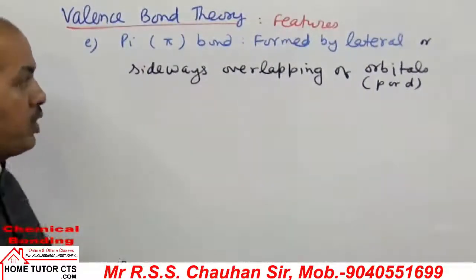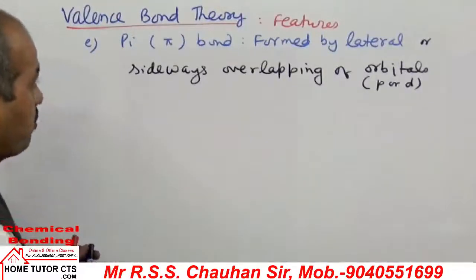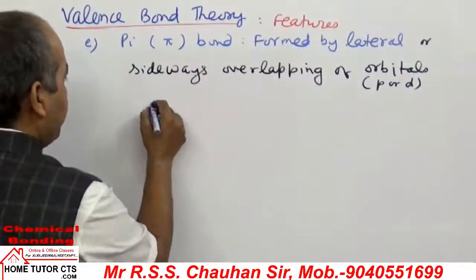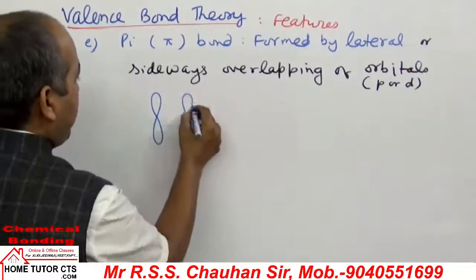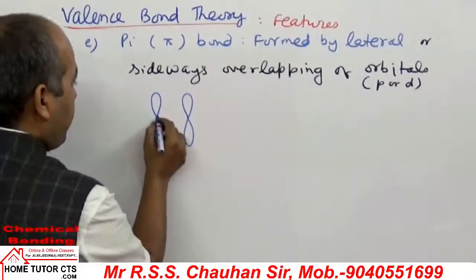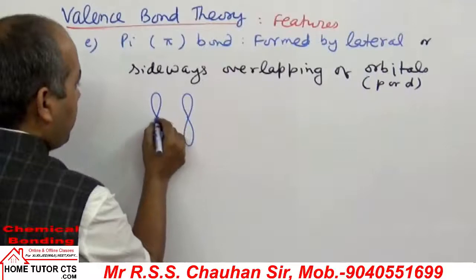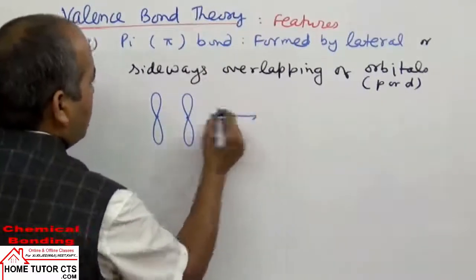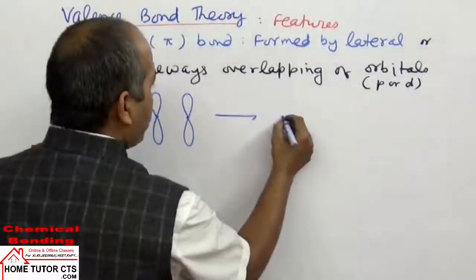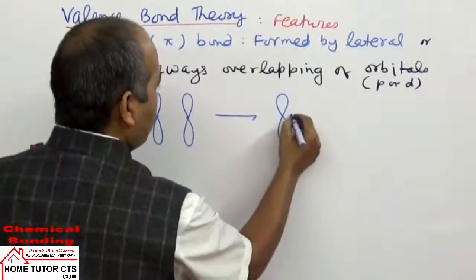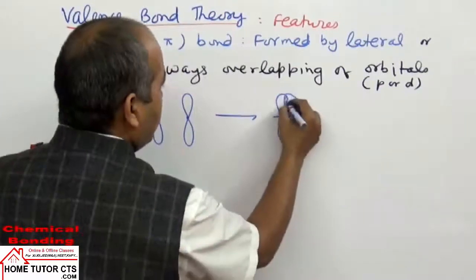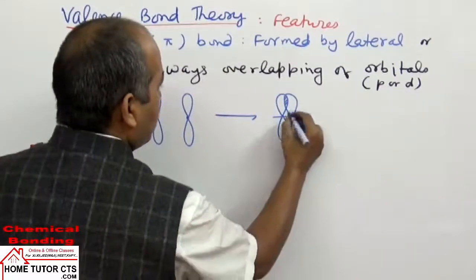So we can take a pi bond formed by the overlapping of one p orbital and a second p orbital. When two p orbitals overlap, this overlapping can be explained, and it is the overlapping extent.